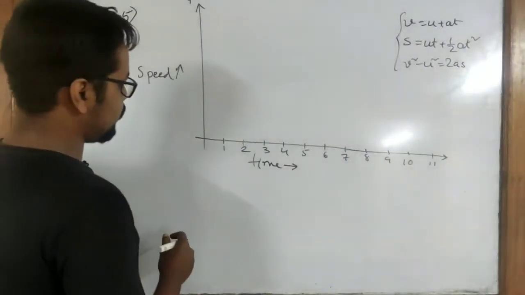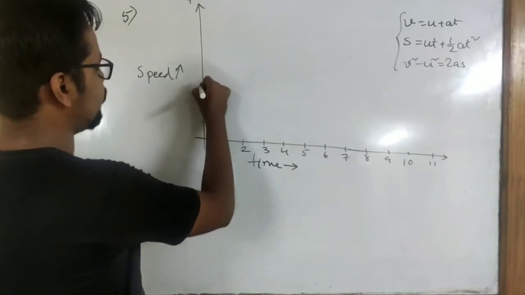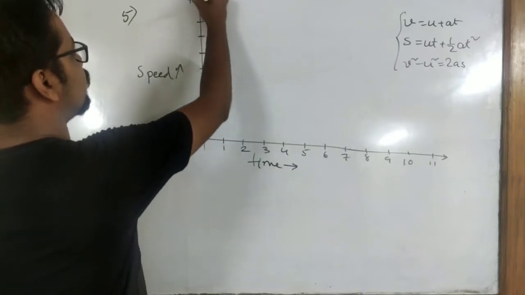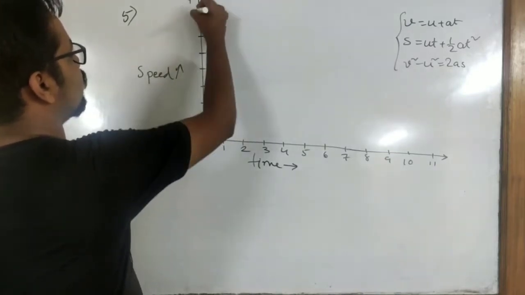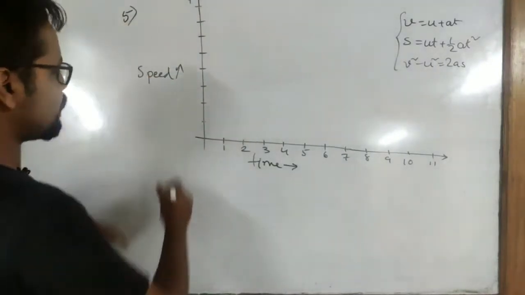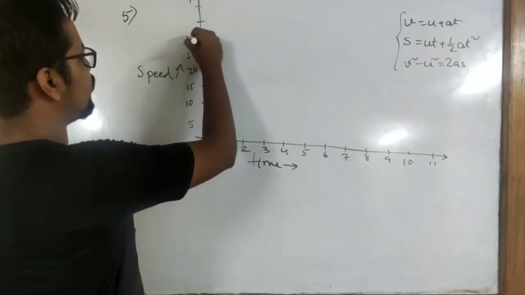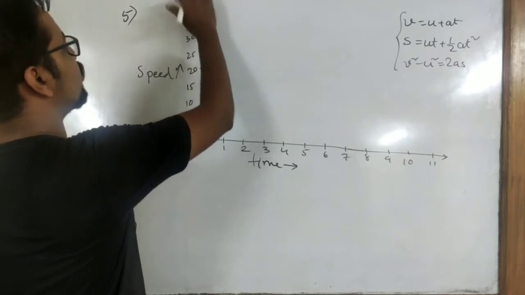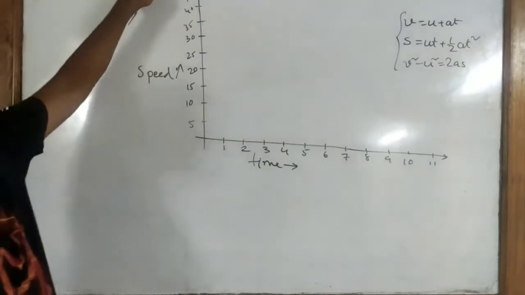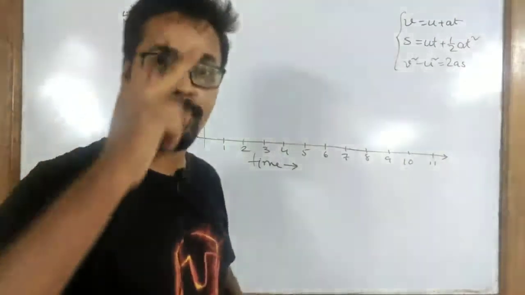So let's mark 5, 10, 15, 20, 25, 30, 35, 40, 45, and 50. Suppose this is a rough one. I hope it is visible.